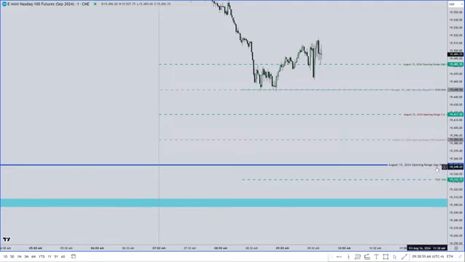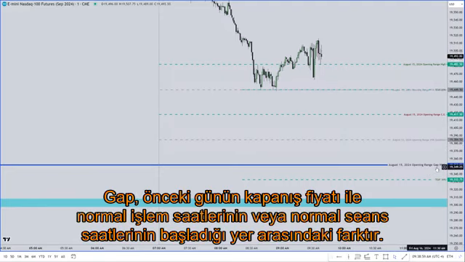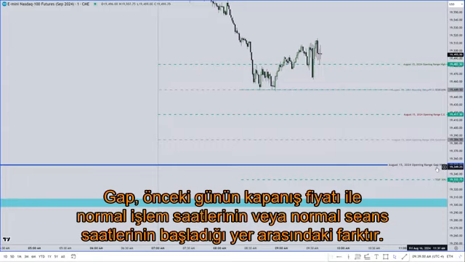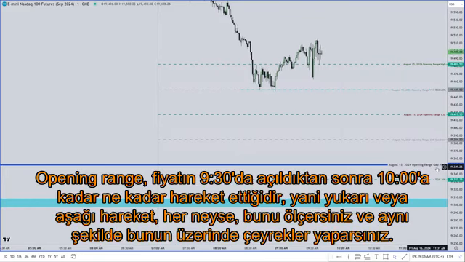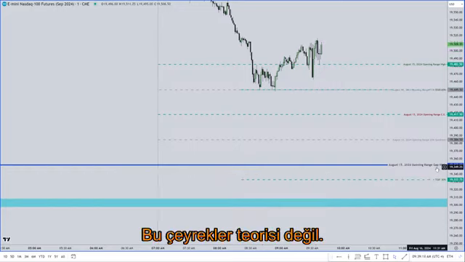Okay, the gap is the difference between the previous day's settlement price and where regular trading or regular session hours begin trading. That's the gap. The opening range is how far price travels after it opens at 9:30 to 10 o'clock. So if it's up or down movement, whatever it is, you measure that, and the same thing, you do quadrants on that. That's not quarters theory.